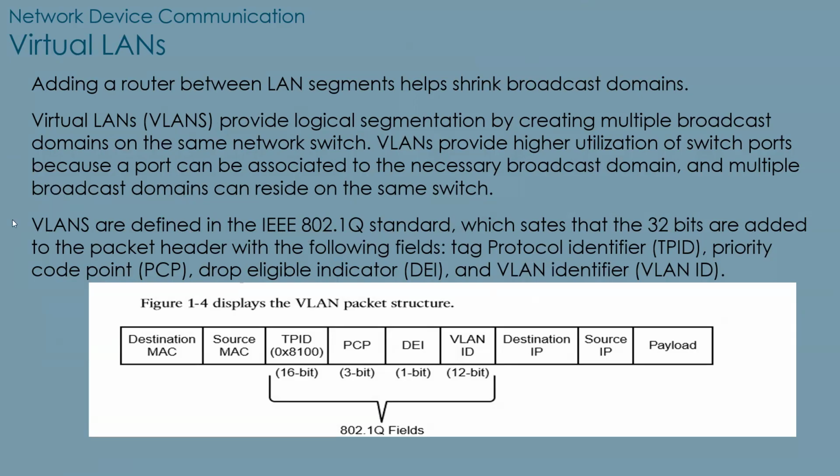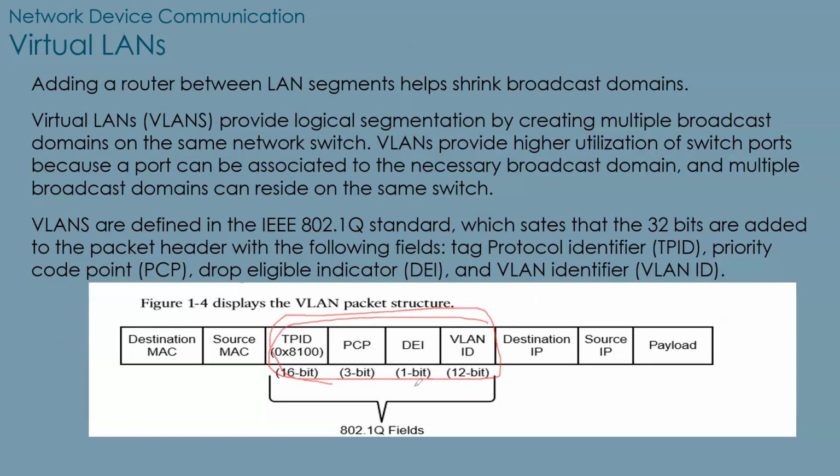You can see in the diagram that this is a frame. In the frame itself I can see the source and destination IP. So suppose this is a packet structure, because in a frame you have just the MAC addresses. So this is a VLAN packet, and in this VLAN packet you can see that the IP address is there, that's okay. But you can see that we have the 802.1Q format.